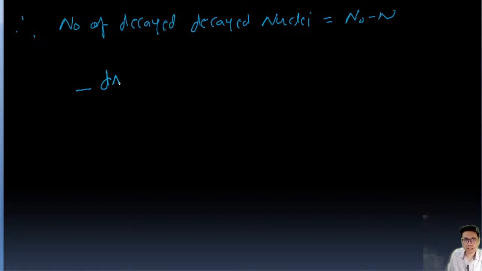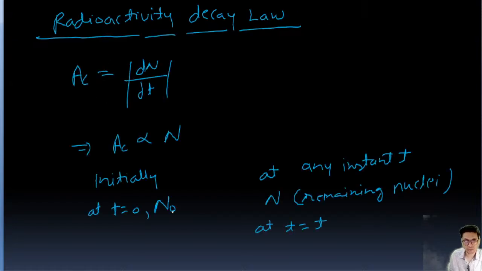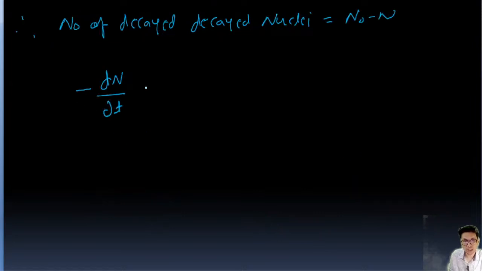We can write minus dN upon dt equal to lambda N, where lambda is decay constant.